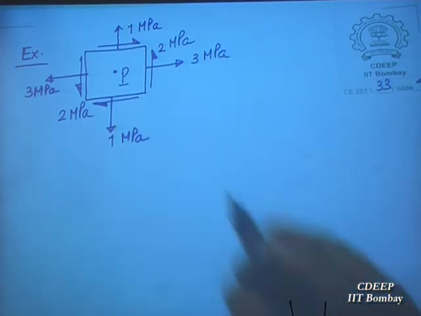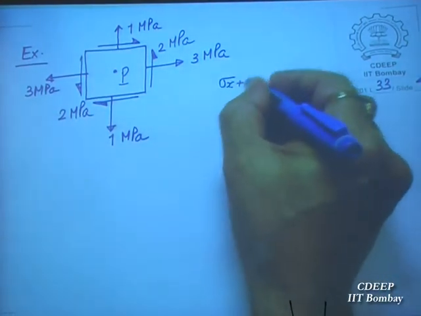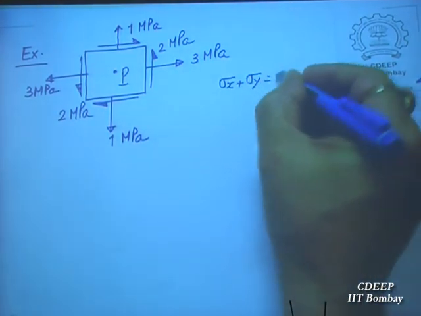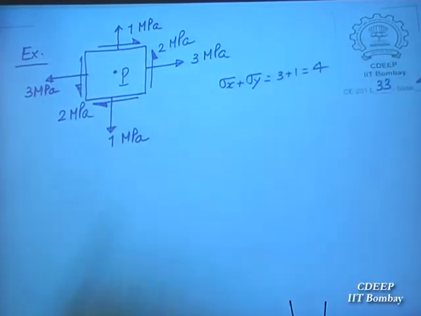I always write, so that whenever I get any results I can check: this value is 3 plus 1, 4. So the first invariant of stress is 4. This is only for checking purposes.